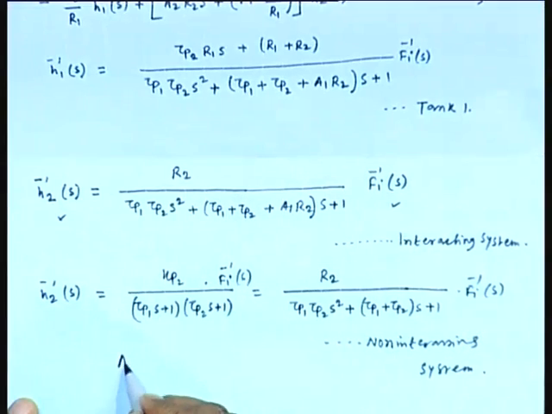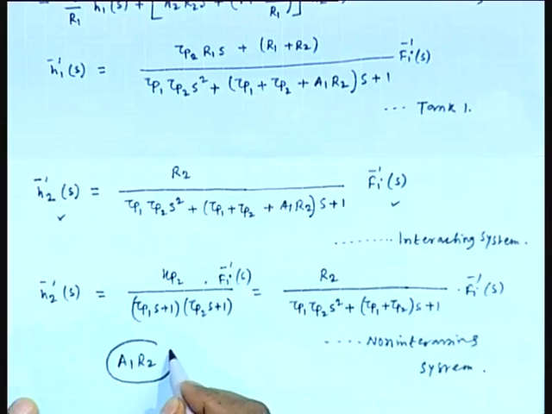If we compare, we see that one extra term is there for the case of interacting system, that is A1 R2. This is the additional term which is present in the overall transfer function of interacting tank system.